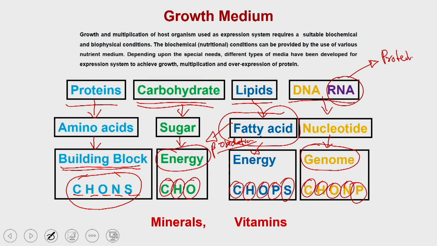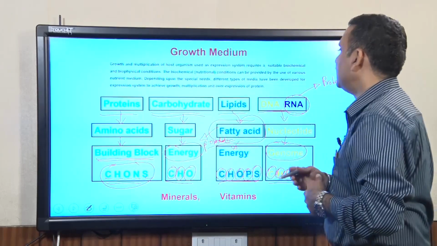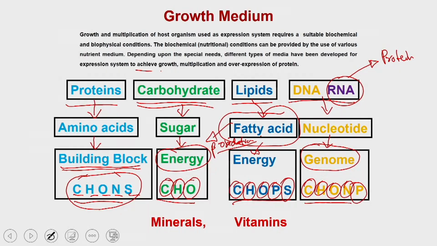This means you need to provide nutrients which can provide all these constituents for the organism to make the bigger biomolecules, and which help them to achieve growth and multiplication, as well as, if you are overexpressing a particular protein, it should also satisfy that purpose.